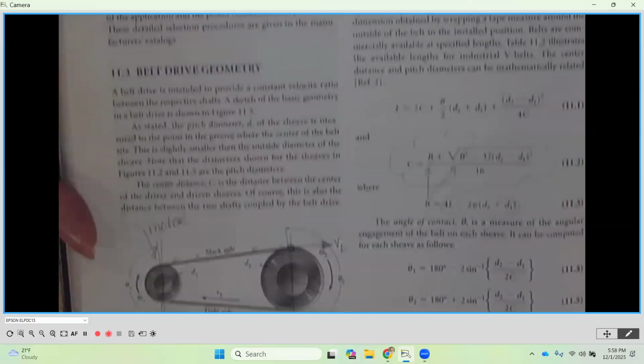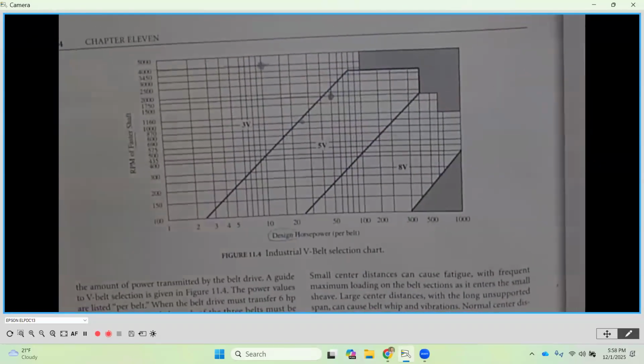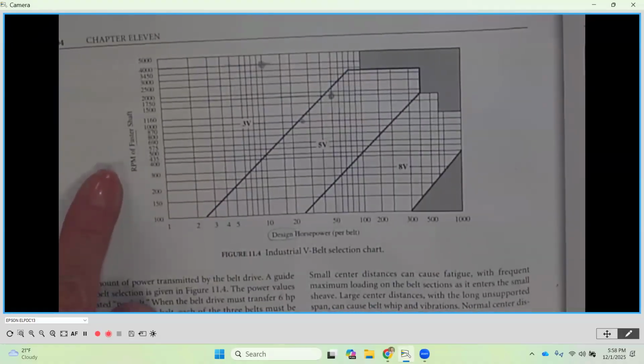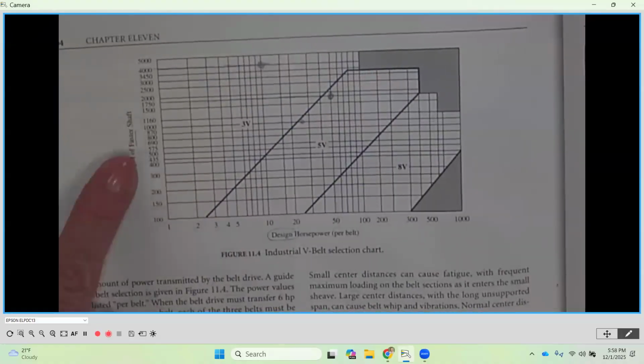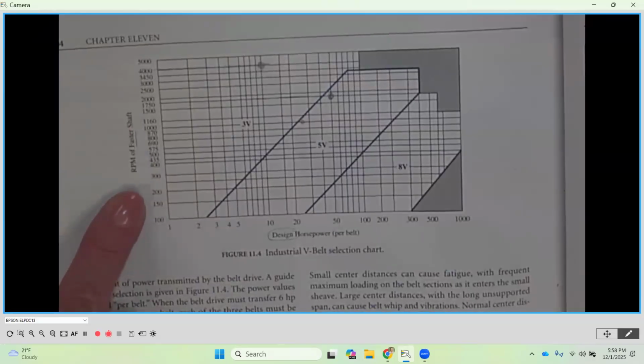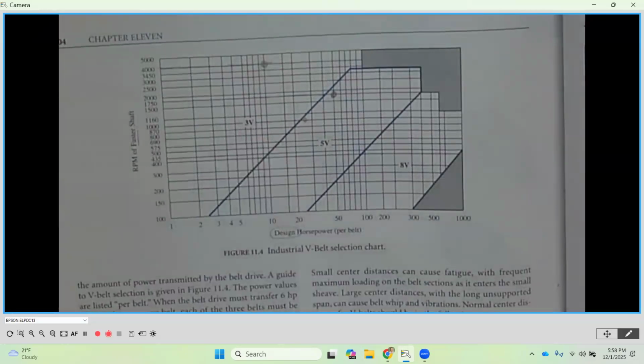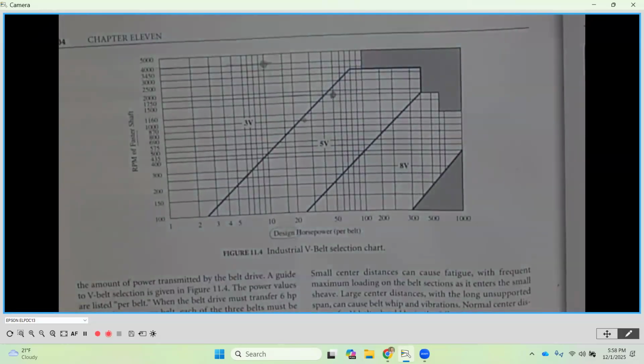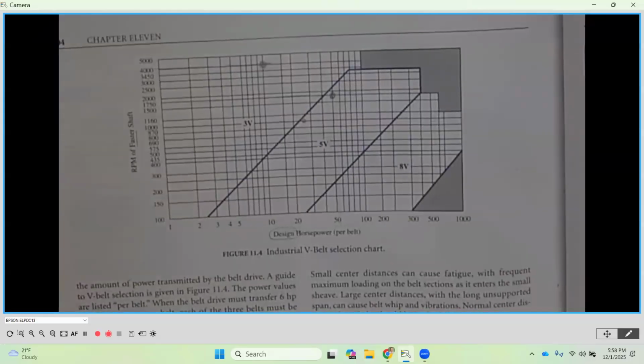So when we know what our faster shaft is going to be, we find our RPMs along that vertical axis, and then we have them meet together, and then we pick the size of the V-belt that would be most appropriate to start in our application. And I say it's a good starting point.